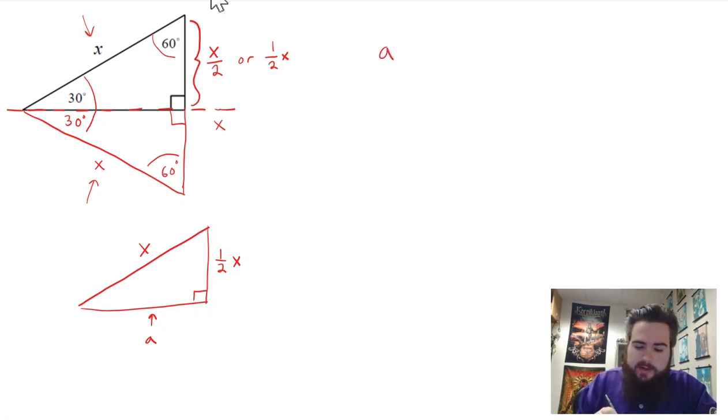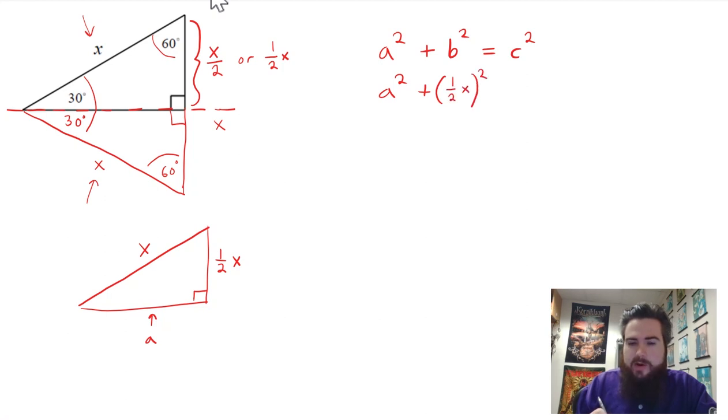Using the Pythagorean theorem, a squared plus b squared equals c squared, where a squared is the side length I'm trying to solve. B squared would be 1/2 times x quantity squared, and c squared would be x squared.